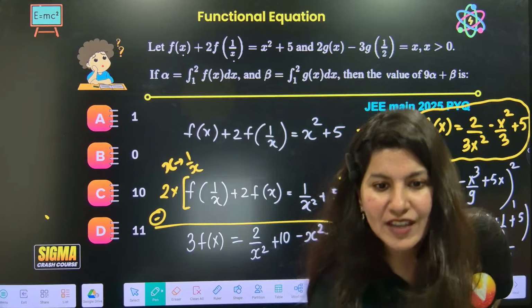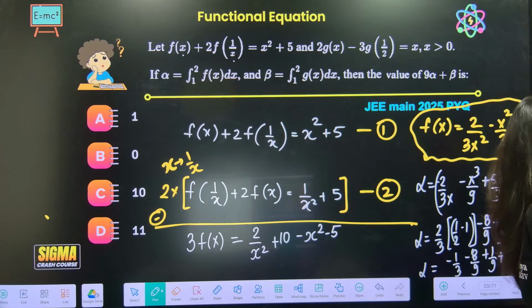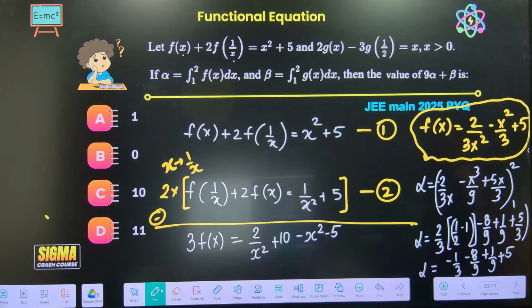What is the value of alpha? Have I done any mistake? Minus 1 by 3, minus 8 by 9, 5x by 3, right? Oh, I forgot to divide it by 3. So there will be 5 by 3. Yes, now it's correct, 5 by 3.